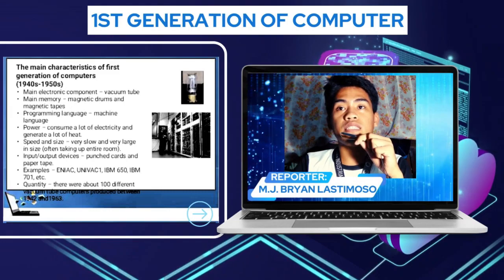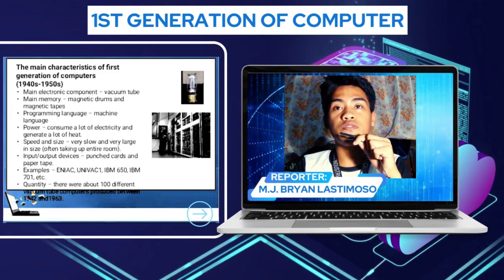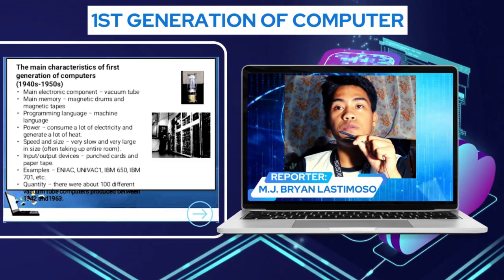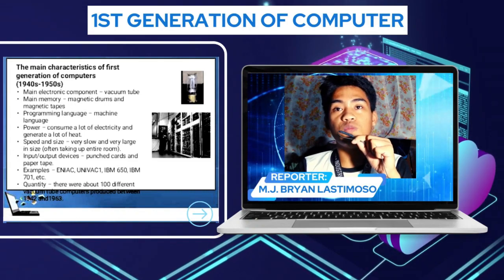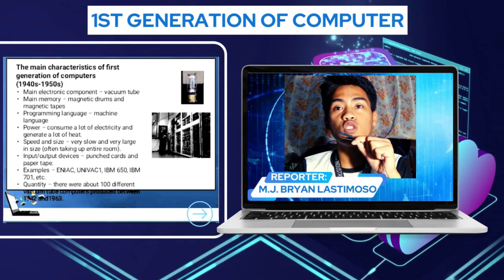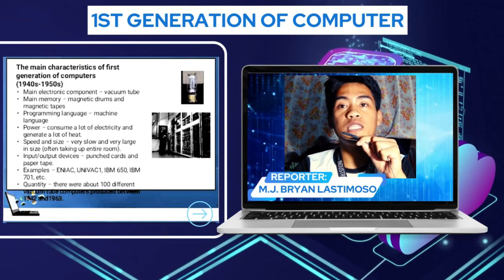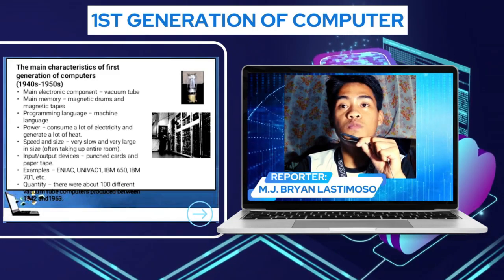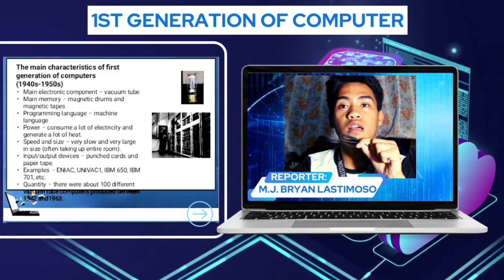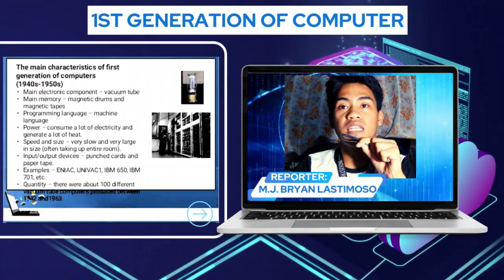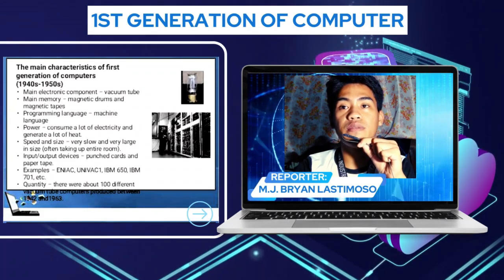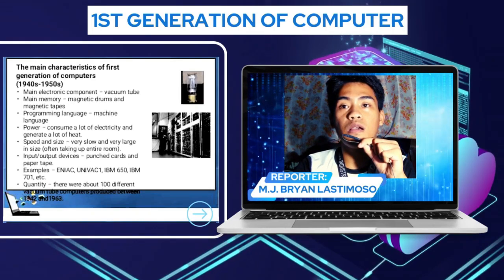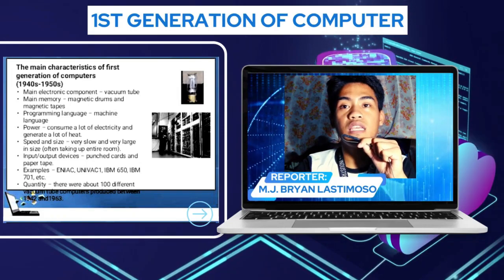Currently, there are five generations of the computer. The main characteristics of first-generation computers, from the 1940s to 1950s: main electronic component, vacuum tube. Main memory, magnetic drum and magnetic tapes. Programming language, machine language. Power, consumes a lot of electricity and generates a lot of heat. Speed and size, very slow and very large, often taking up an entire room.